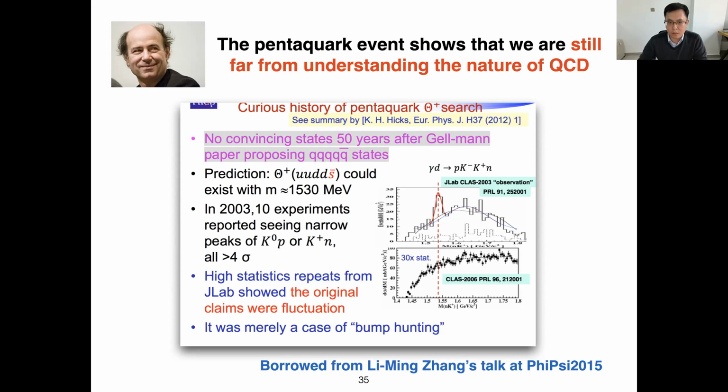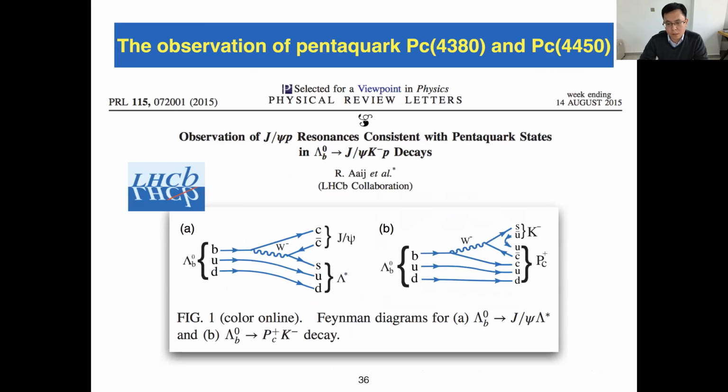So the pentaquark event shows that we are still far from understanding the nature of QCD. Fortunately, after 10 years, the LHCb experiment found two pentaquark candidates, two Pc states.